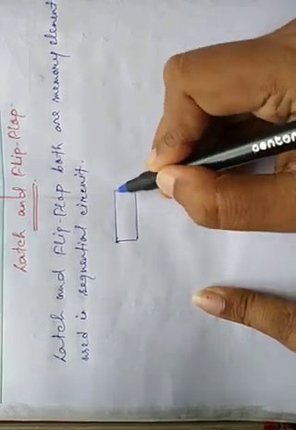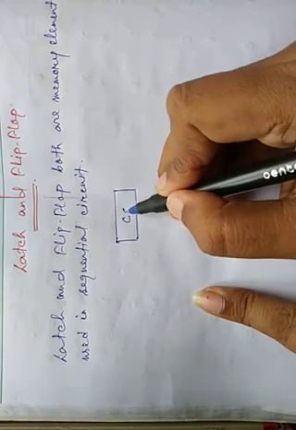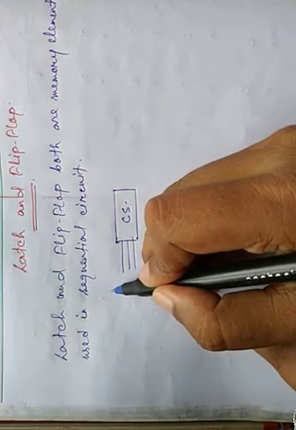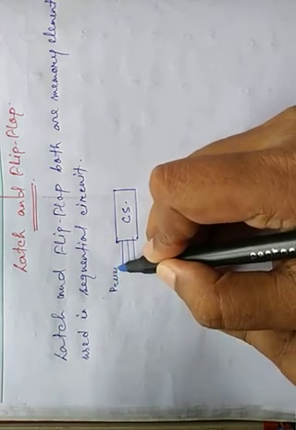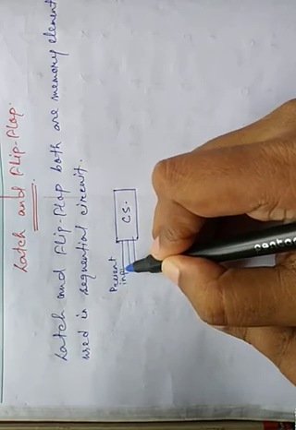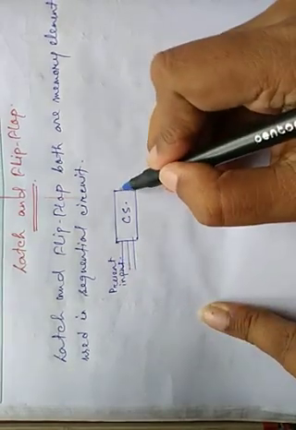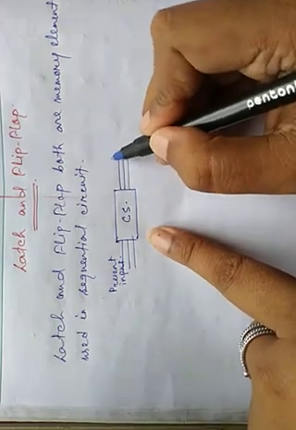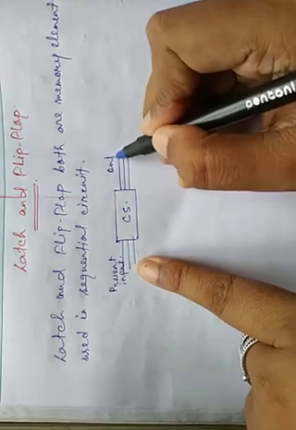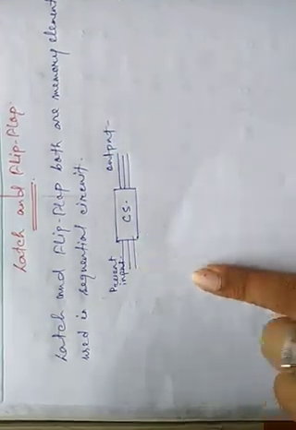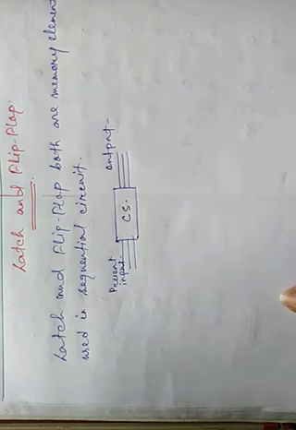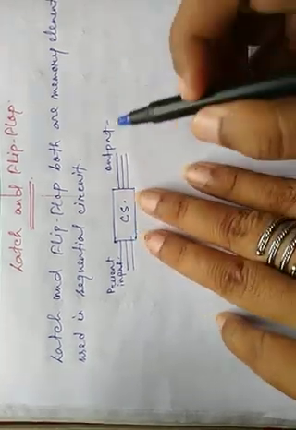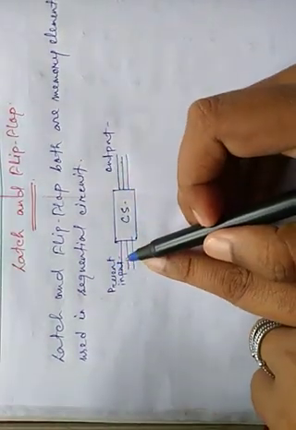A combinational circuit's output totally depends on its present input. We have learned so far about combinational circuits, such as multiplexer, adder, and decoder, all of which have output that depends on the present input.